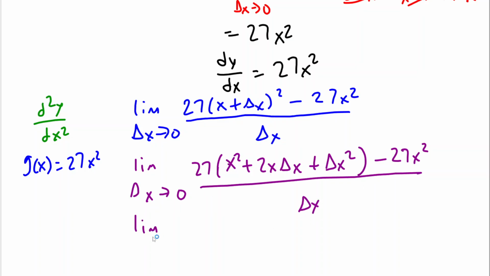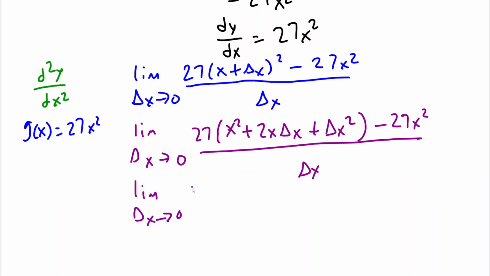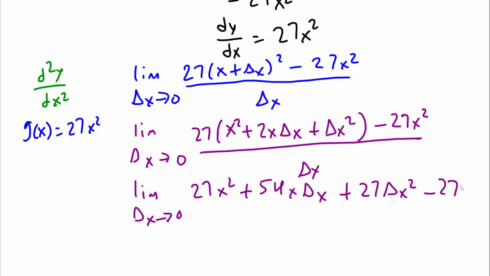That's the limit as delta x approaches 0 of 27x squared plus 54x delta x plus 27 delta x squared minus 27x squared all over delta x. These cancel out.